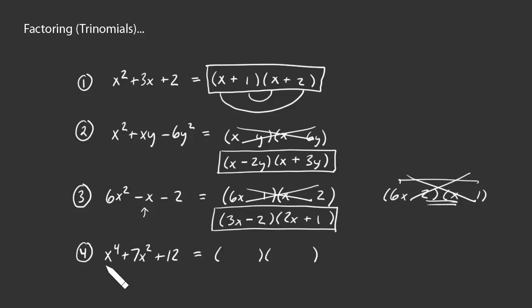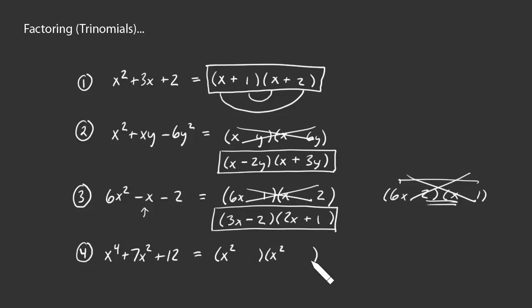Well, the product of the first elements of the binomials has to give you x to the 4th. Now, there are a couple different ways to do this. X squared times x squared seems most natural, probably. You could also have x to the 3rd times x to the 1st, or x to the 4th times 1, I suppose. But generally, that's going to create more than just these 3 terms. So let's go ahead with x squared and x squared, and if it doesn't pan out, we can always try something else later.